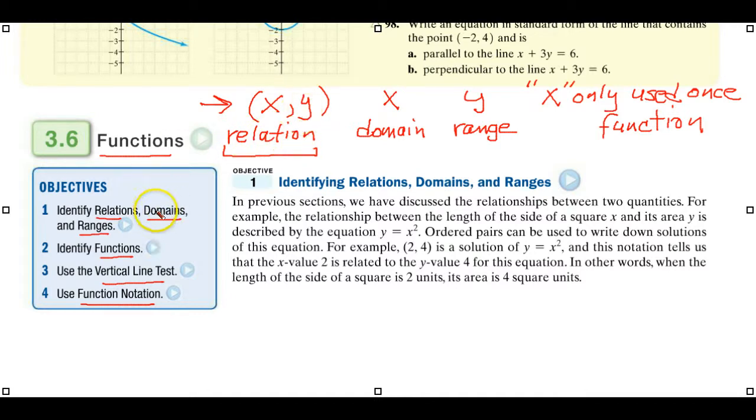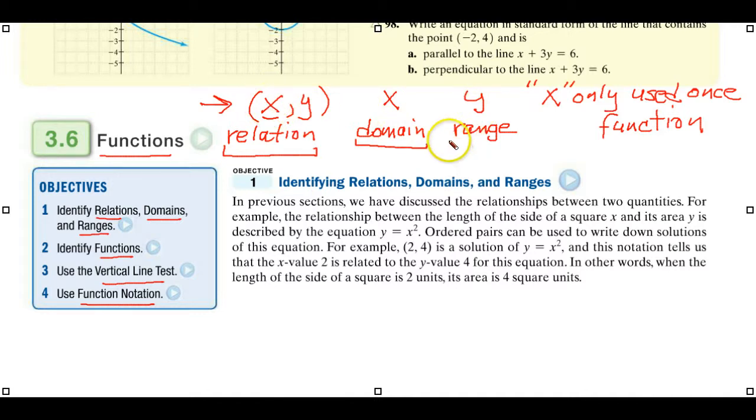Now, the word domain, interestingly, is the x elements in a series of elements. The x elements are the domain. So in the ordered pair, it would be what would be in that first column.